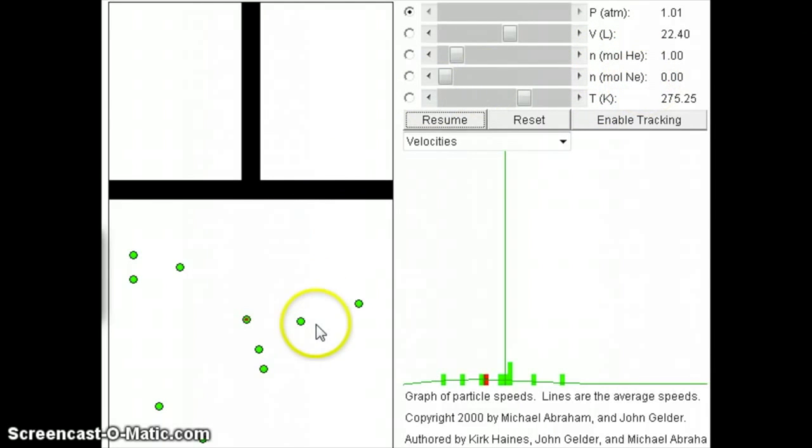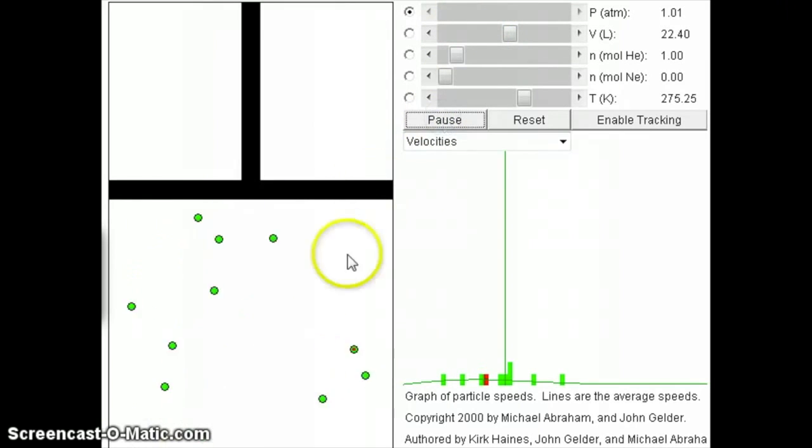Right now we are seeing helium at 1 mole, pressure is at 1 atmosphere, volume is 22.4 liters, and temperature is 275 right now. I can see what's going on with a particular parameter if I leave that mark over there. So pressure right now is marked, right? I can move it here to volume, but right now let's say I mark pressure. So if I were to change volume, the pressure would change correspondingly. Everything else will be fixed. So the only thing that's changing is the pressure and the volume, okay?